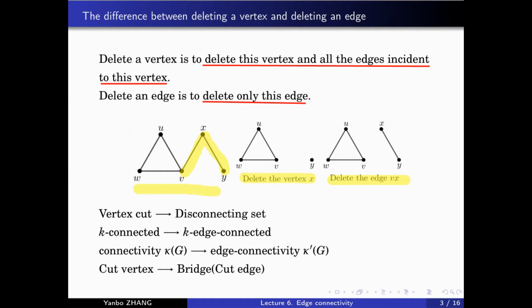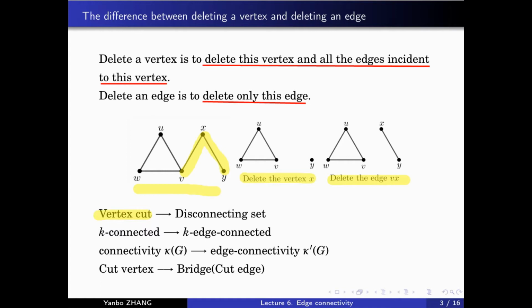In the last lecture, we have learned vertex connectivity. In this lecture, we will consider its analogs, which is edge connectivity. A vertex cut in a connected graph G is a vertex set such that G becomes disconnected after deleting the vertex set.